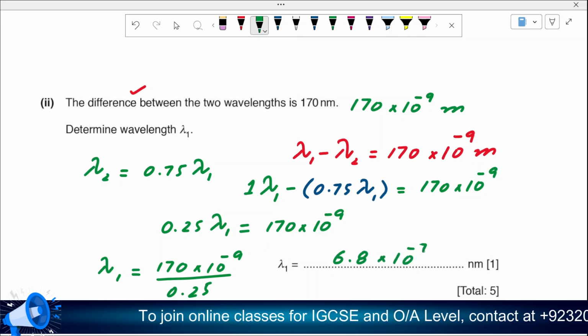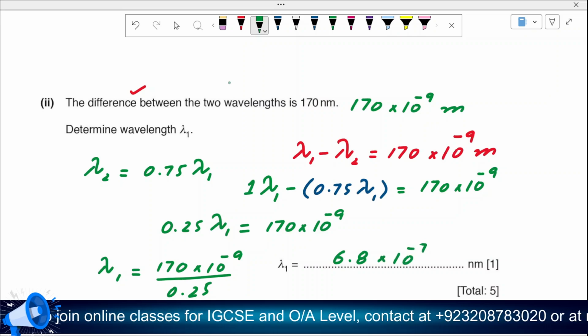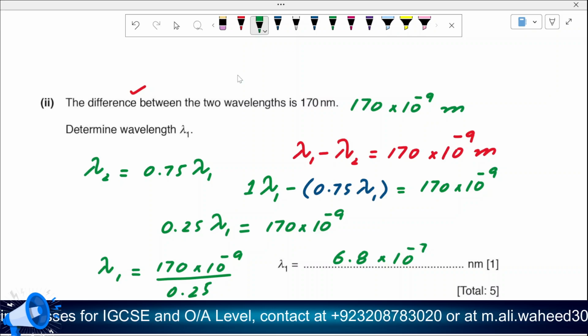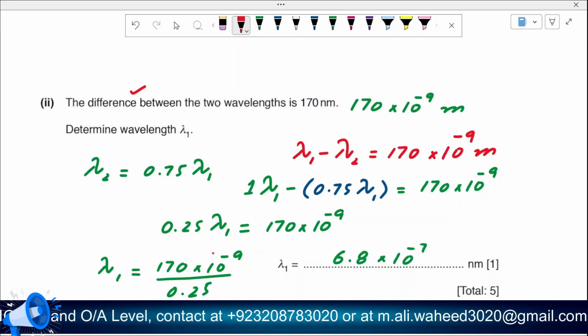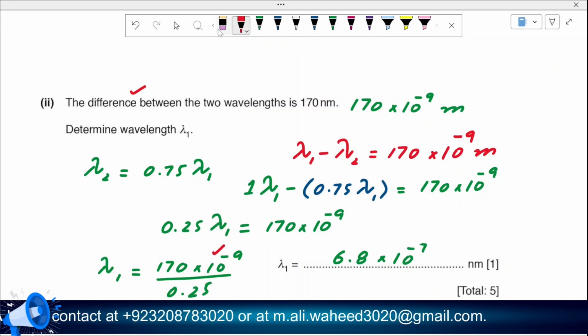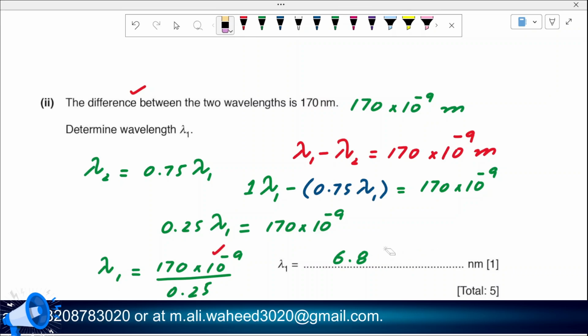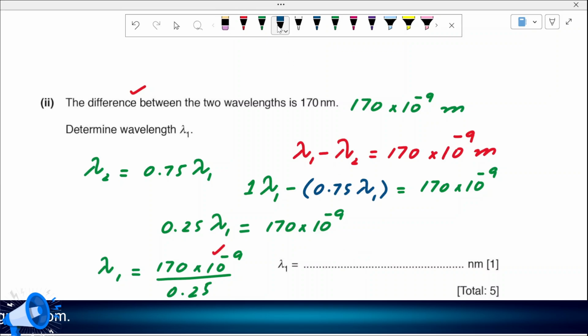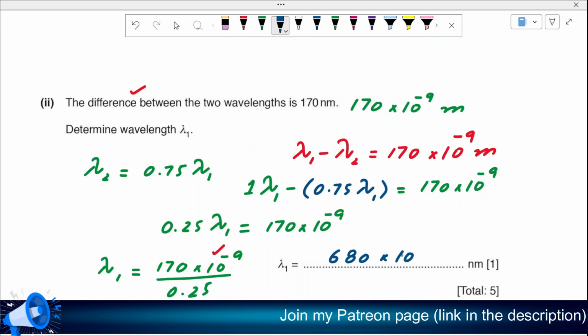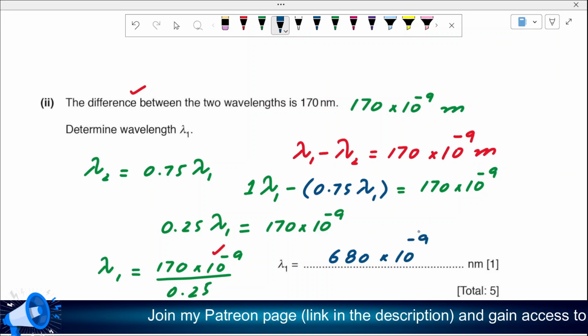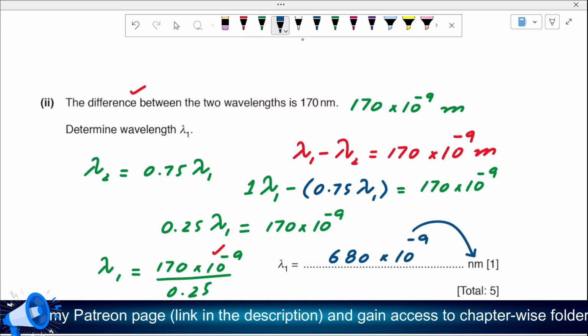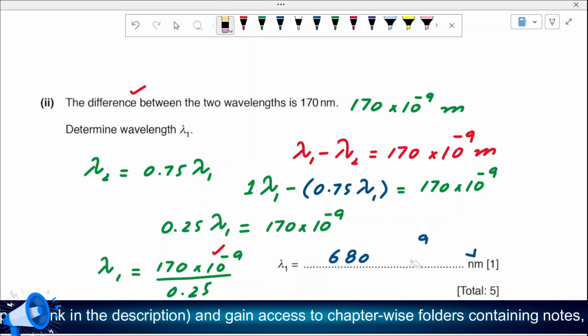But we need to answer in nanometers, so I would simply divide 170 by 0.75. You'd get 680 into 10 to the power minus 9, but here they have added nanometer as the unit, so you'll be getting 680.